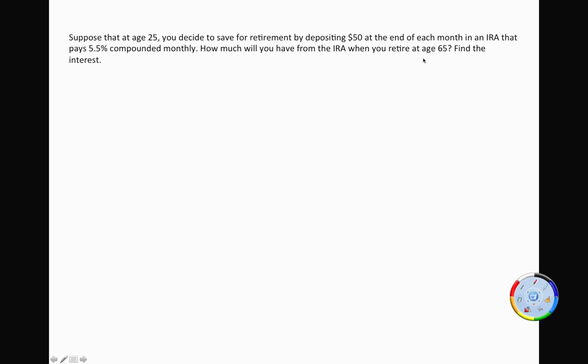How much am I going to have in the future? That's the one solved for A, the future value, the accumulated amount that you are going to have. So that's how we choose which formula to use. And we've chosen this formula.